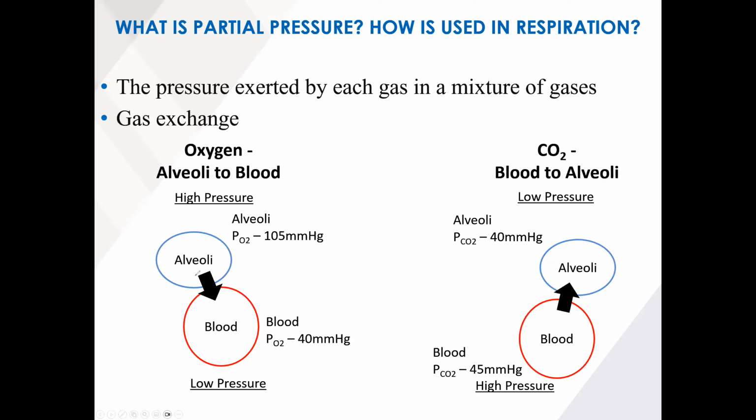So when we think about in the lungs, oxygen is going from the alveoli to the blood, but carbon dioxide is going from the blood to the alveoli. And the only way we can know that is because of partial pressure, because we can measure the pressure of these individual gases. So we need partial pressure so we can see what individual gases do. That way we can understand gas exchange, and we don't just say air is going somewhere, right?